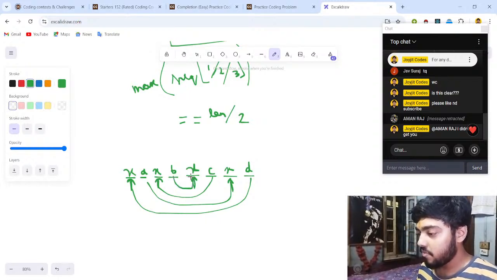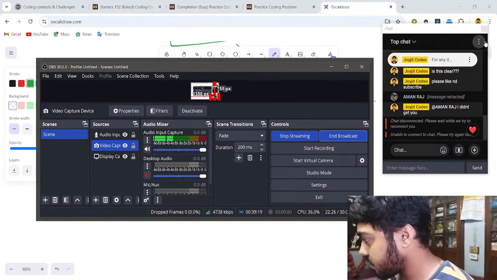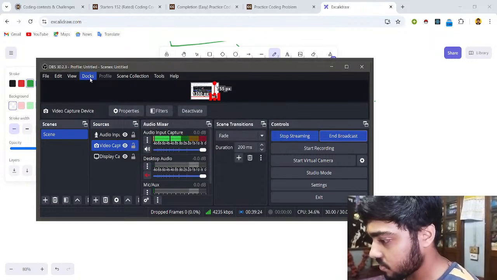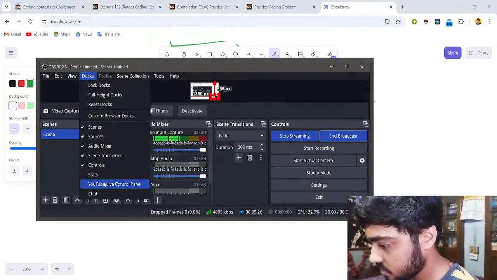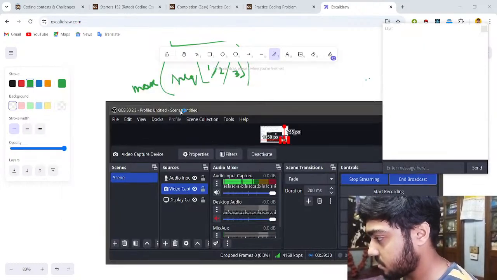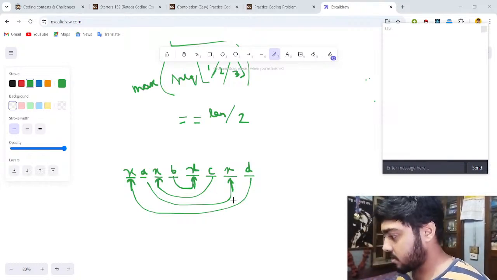Wait, sorry, just wait, I'll just cut off the chat and read it. Till the chat loads, I can't see the chat, so I'll just check it on my phone.